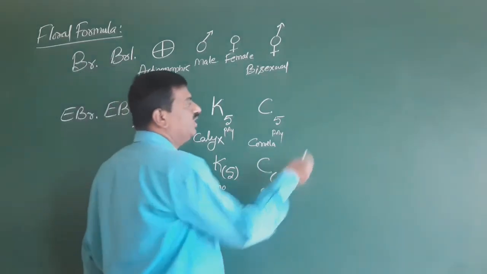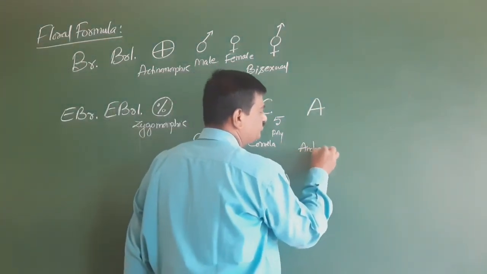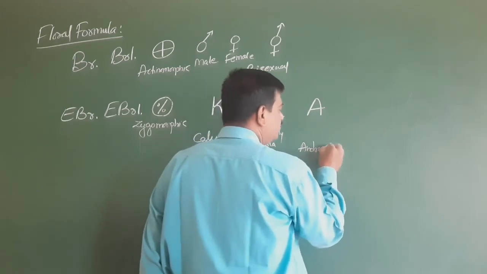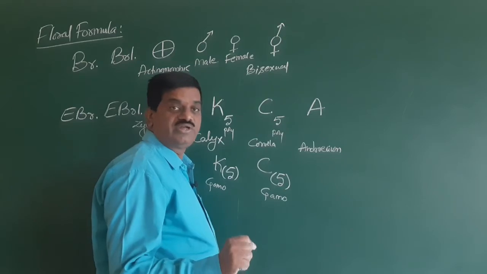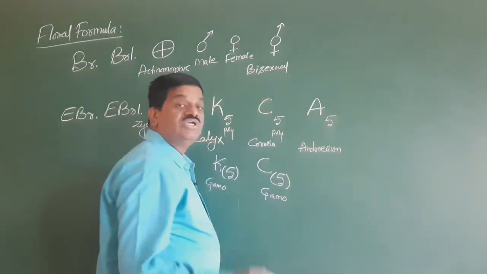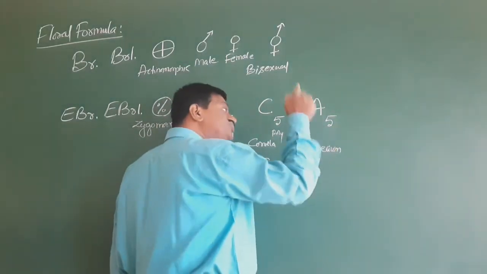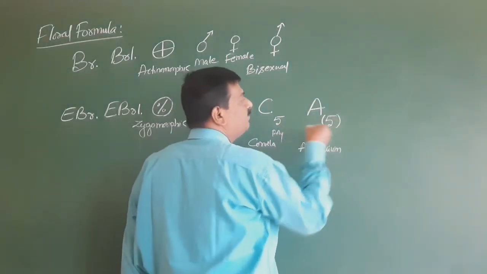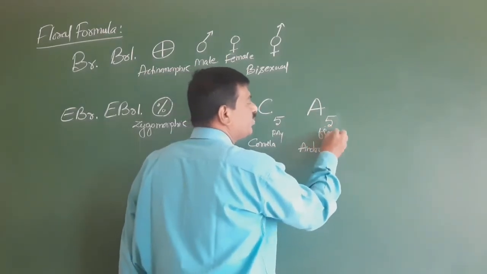Next to this, when you write the letter A, it stands for androecium. Again, how many stamens are there? That should be mentioned. If the stamens are 5, you write 5. If they are free, nothing is written, without brackets. If they are fused, you write brackets.